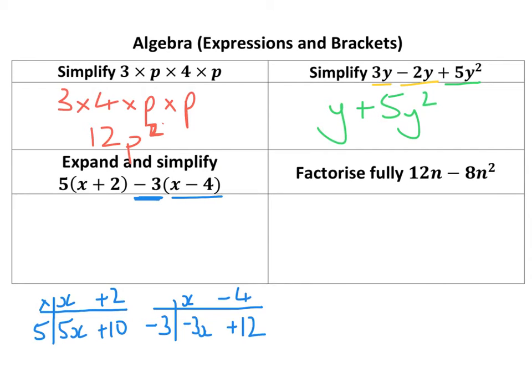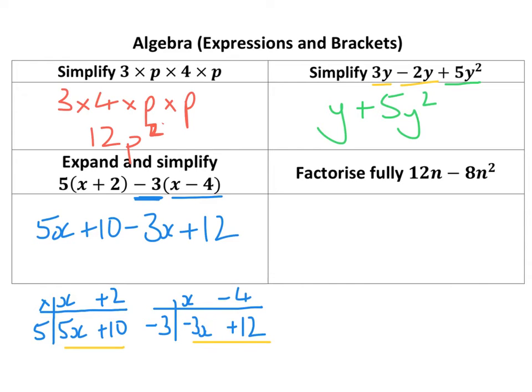So there we go. Now I'm just going to write out what is under here. I'm going to write out this bit and this bit. So we get 5x plus 10 minus 3x plus 12, and then I can simplify. Now I'm going to use the colours that I used on the last question.